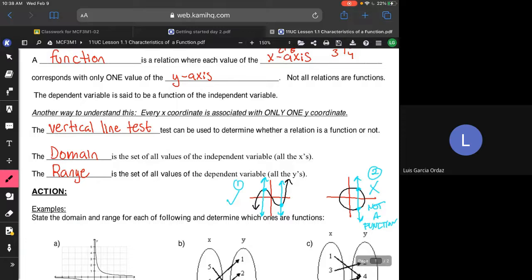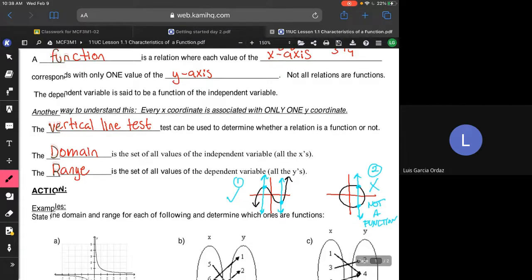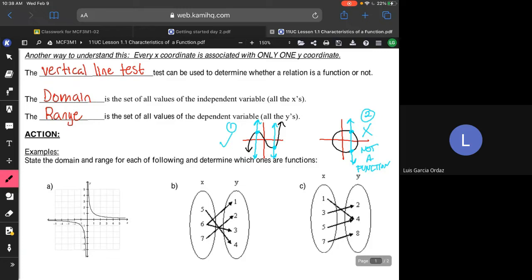Same with the y's. So your domain has to do with your x values, where your graph exists on the x-axis, and your range has to do with the y values.